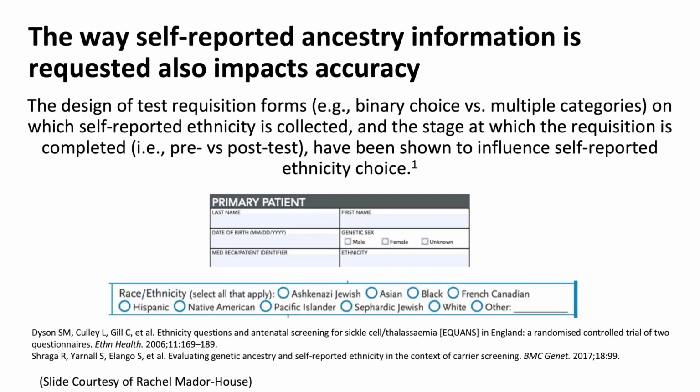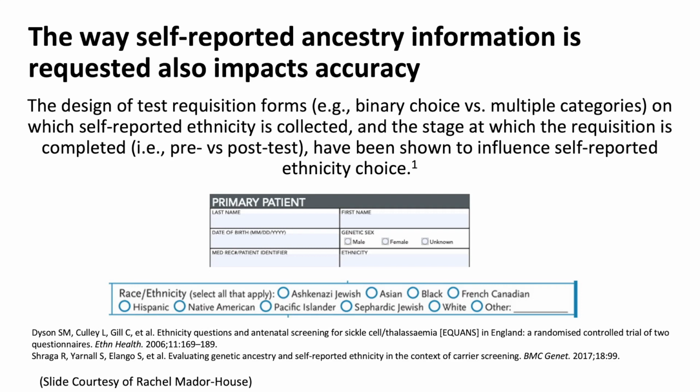Furthermore, the way self-reported ancestry information is requested can impact accuracy. Here's an example from a paper order form for genetic testing. Race, ethnicity: Ashkenazi Jewish, Asian, Black, French Canadian. I mean, it's kind of haphazard, and exactly what self-reported ethnicity or ancestry you choose is determined to some extent by what you are offered.